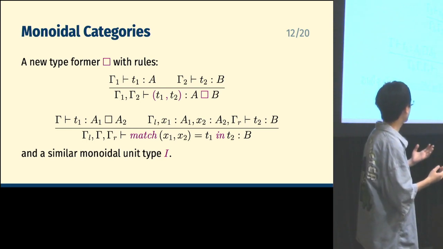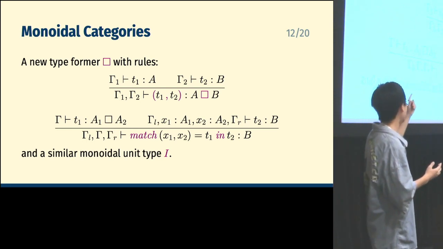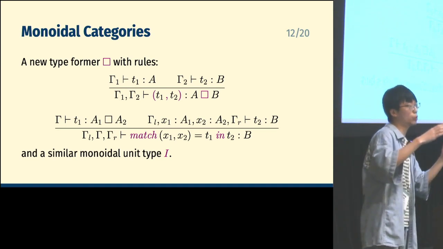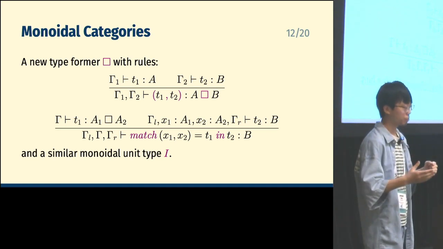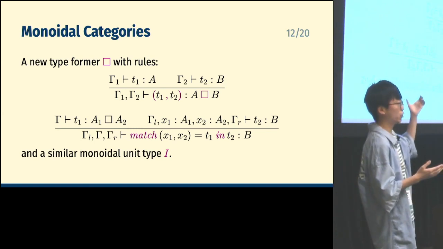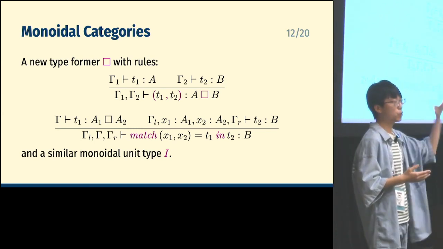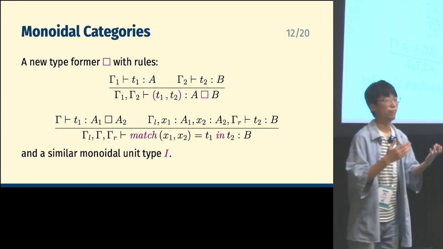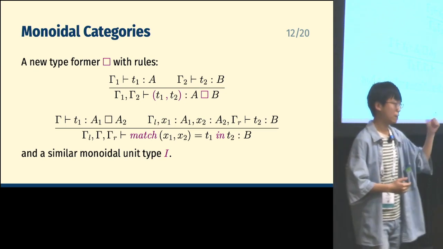And notice that this term former, this rule here, introduces contexts with more than one variable into the language, which we previously didn't have. And the context in this language is linear, so we cannot throw away or duplicate variables. And in fact, it is very linear. We cannot even exchange the order of variables in the context.